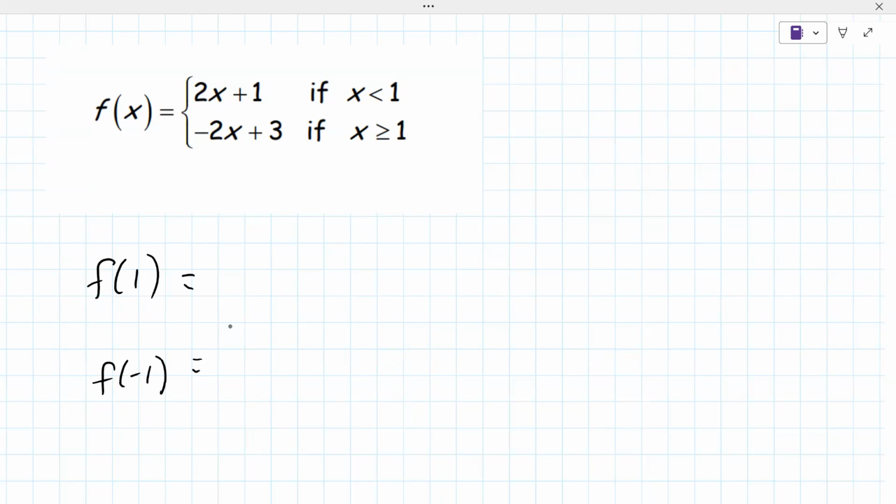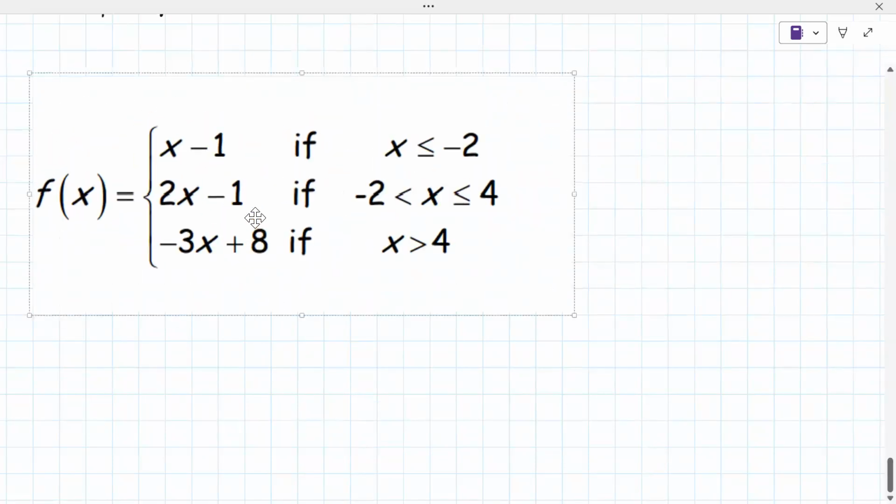So f of 1 is 1 and f of -1 is -1. That is correct. Very good. Any questions on that? No. Okay, so it does get more difficult.